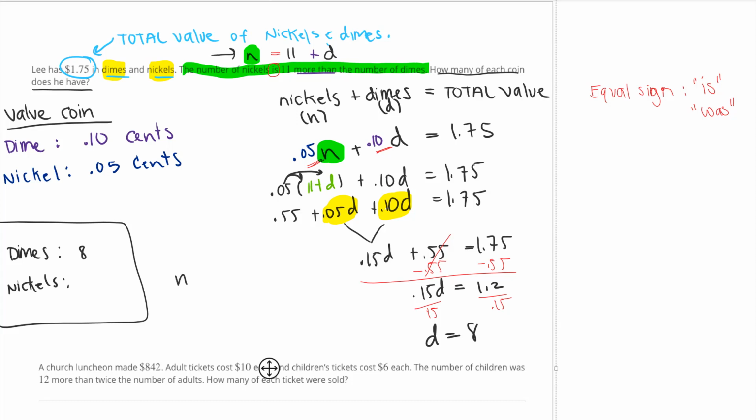You previously had that n is equal to 11 plus d. So n is equal to 11 plus 8, because remember, you found the d value to be 8. So that n is equal to 19. So how many nickels do you have? You have 19 nickels.